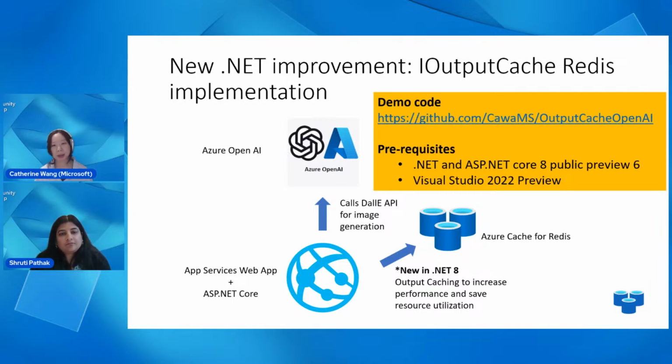The first improvement we did is in the .NET 8 public preview, where we shipped the IOutputCache Redis implementation. This is pretty exciting because OutputCache has existed for a while, available in ASP.NET Core since version 7, but we did not have a reliable and performant Redis implementation.